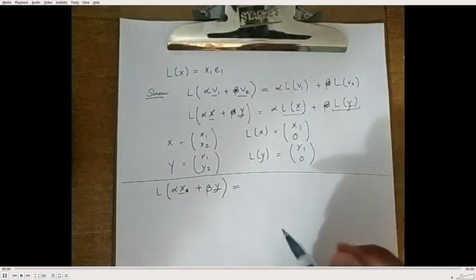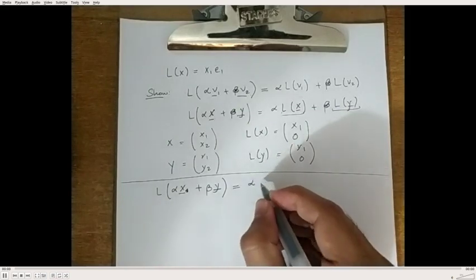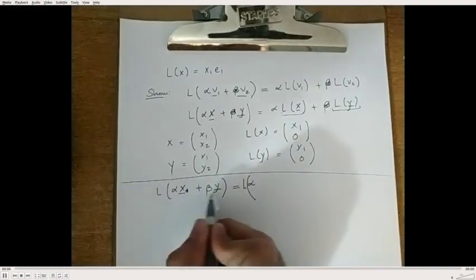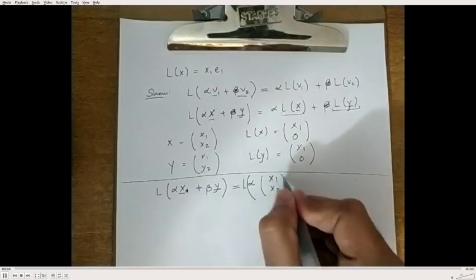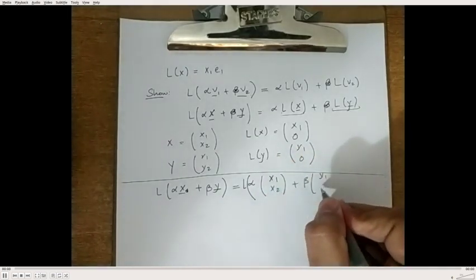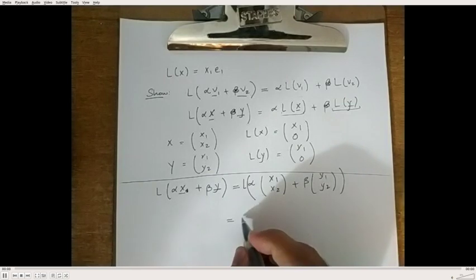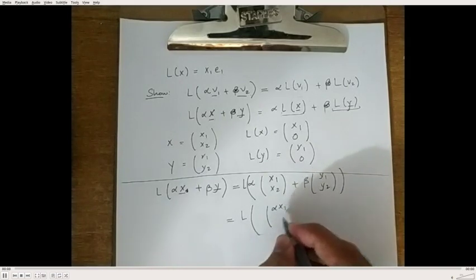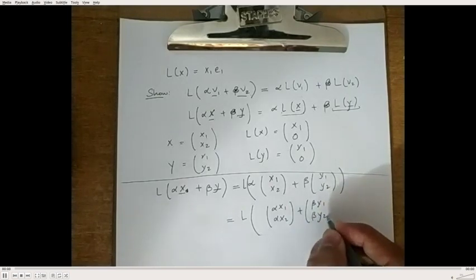So what would this look like? First, let's understand the linear combination of these two vectors. If I take alpha x plus beta y, I'm just writing this as it is and trying to figure out what's inside the bracket. So this is alpha (x1, x2) plus beta (y1, y2). This becomes L of (alpha x1, alpha x2) plus (beta y1, beta y2).